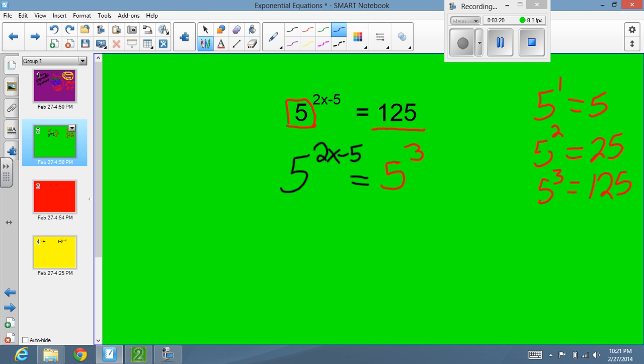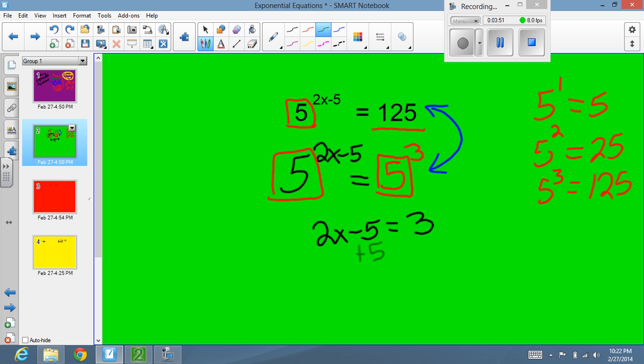Okay? Now I haven't really done anything other than change the form of the number 125. 5 to the 3rd power is the same thing as 125. So now that my bases are the same, I have a base of 5 and a base of 5, I can take those exponents and go ahead and make an equation with those. 2x minus 5 equals 3. 2-step equation.